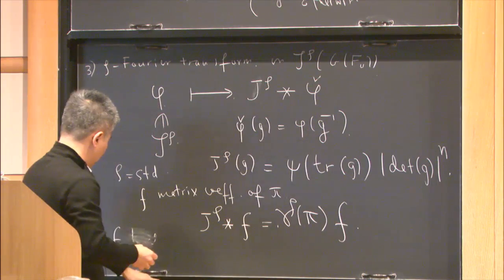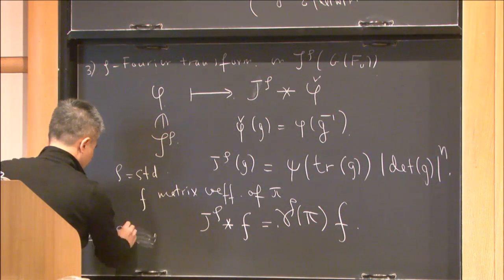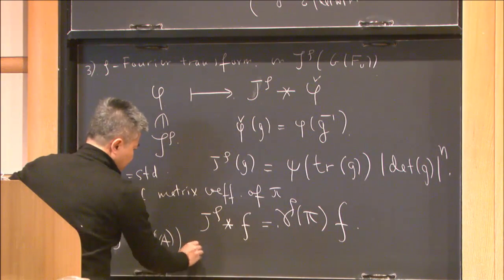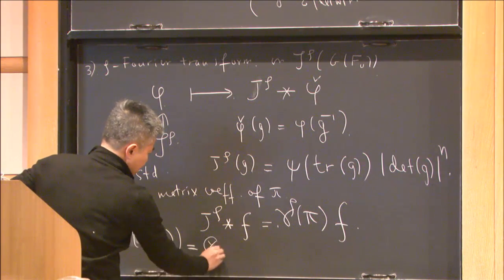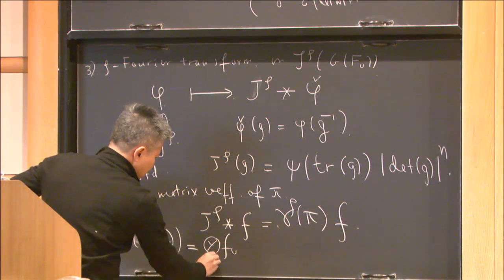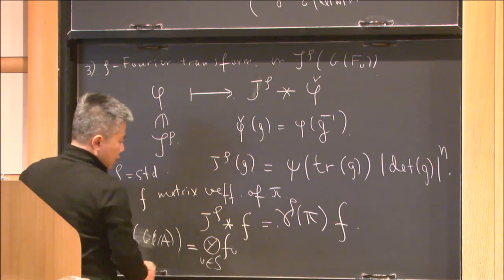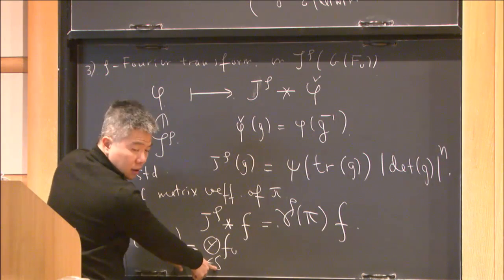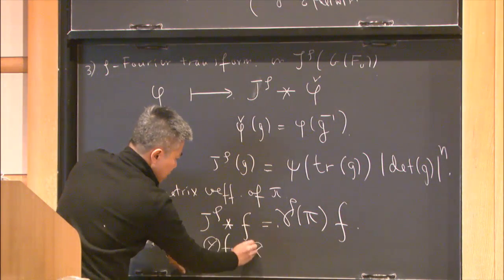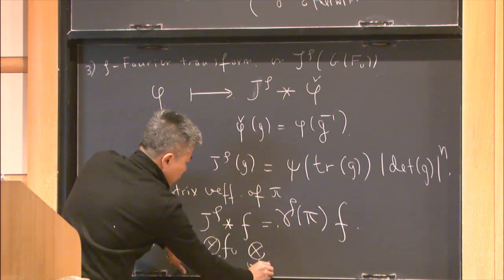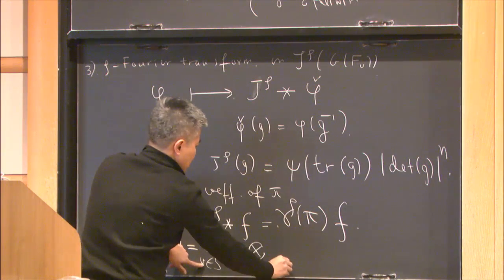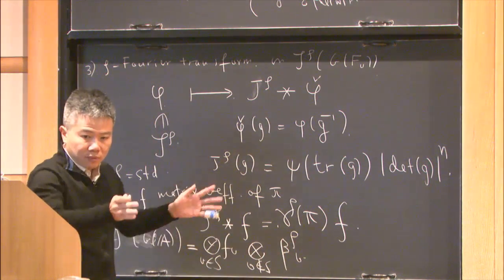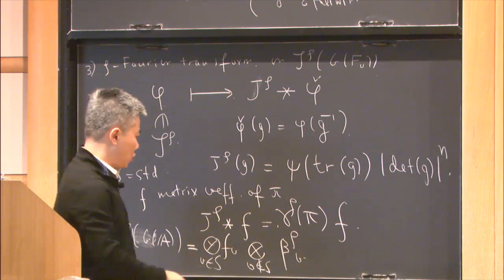So S rho of G of A would be functions of the form product of Fv, any Fv in the local Schwarz space for finitely many v. But in other places you want to pick the basic function, and then take an inductive limit.